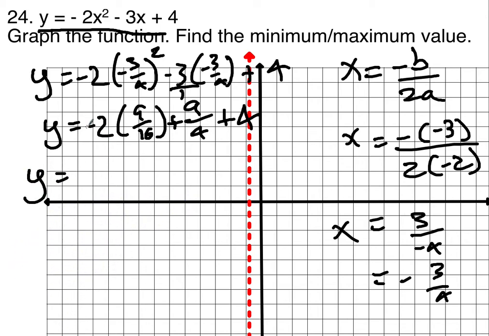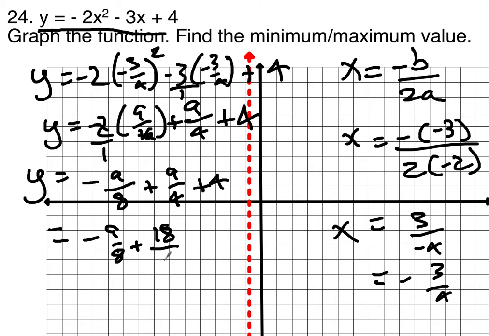Okay, so y is equal to negative 2 over 1 times 9 over 16. The 2 and the 16 are going to cancel out, and we'll be left with negative 9 over 8 plus 9 over 4 plus 4. I'm going to write this with the 8 in the denominator so I have a common denominator.